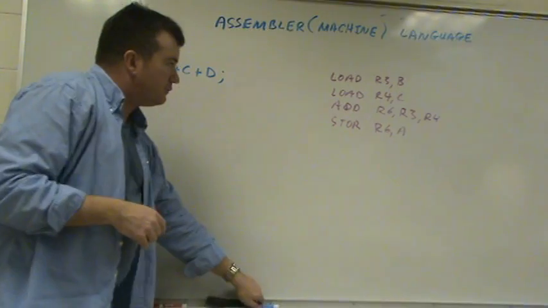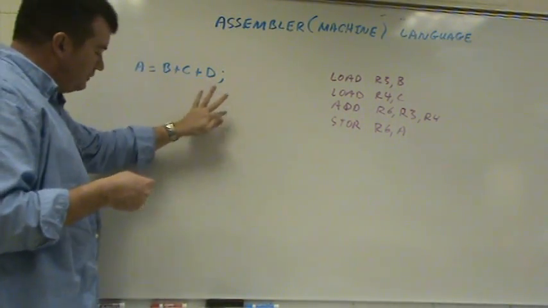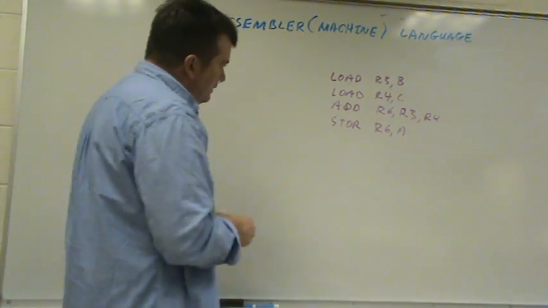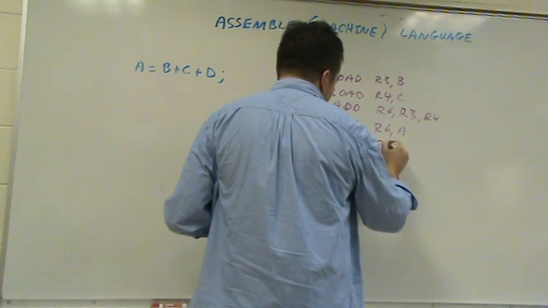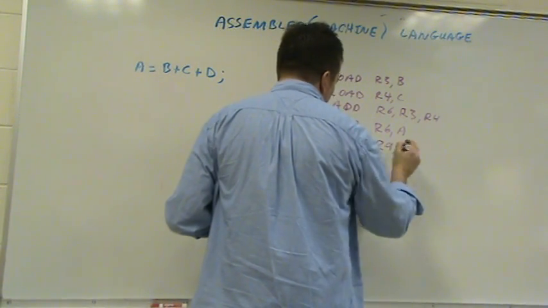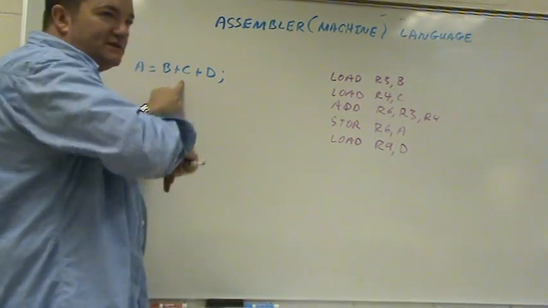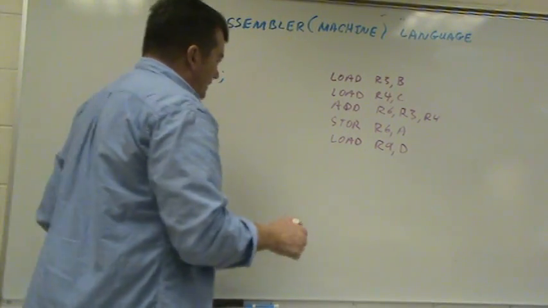If our architecture only allows addition of 2 numbers, and doesn't allow 3 numbers, this would compile into: load register 9 with D, and then add, because we'd have to add B and C as one step, then add D to that result, and store that back.